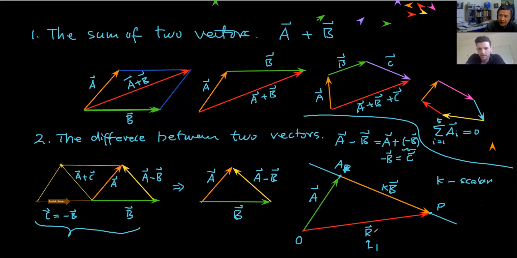Both A and R are called position vectors. So what is R in terms of the vector sum? It's the vector sum of A plus KB. Yes, KB. Ah, right, it makes sense.